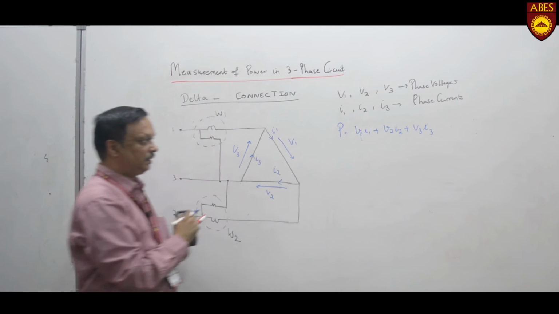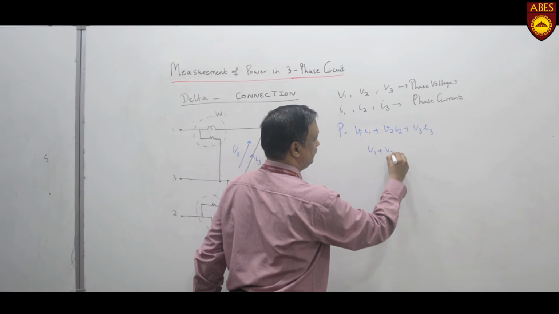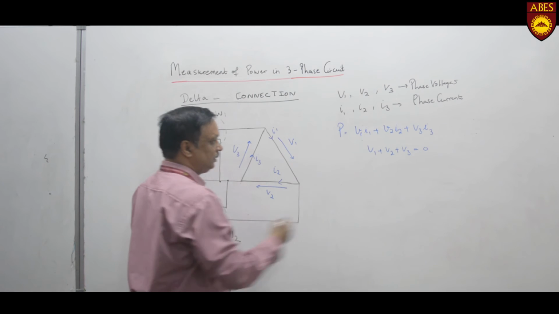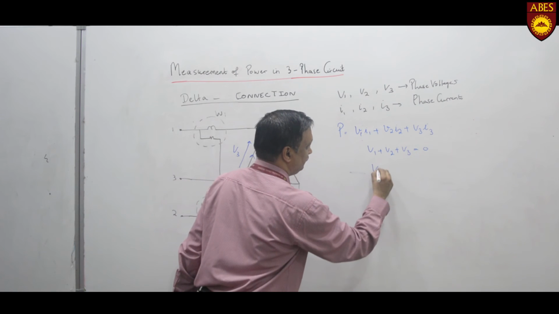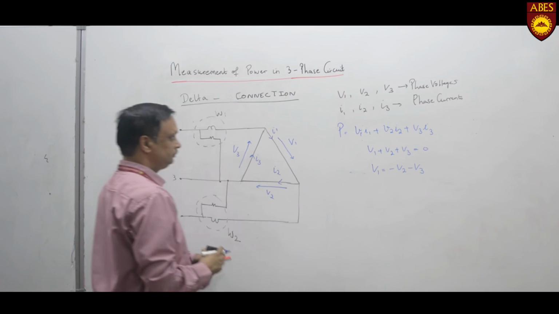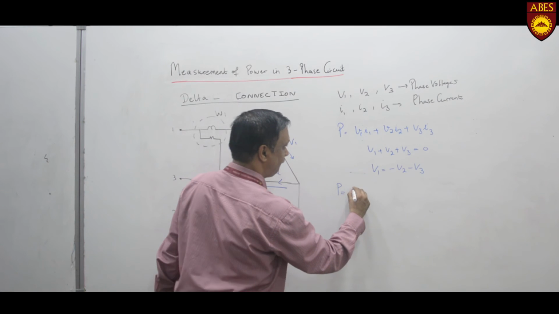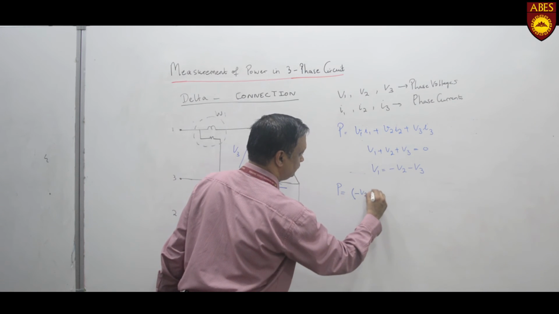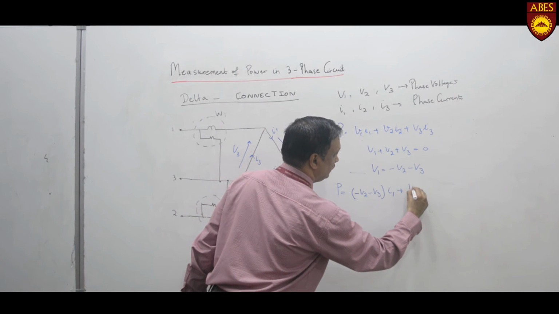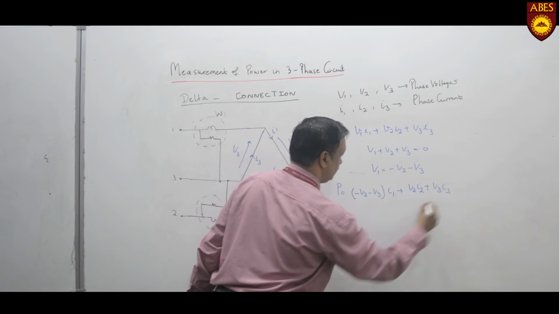Since it's a delta connection, we will apply KVL. So V1 plus V2 plus V3 is equal to 0. So minus V1 is equal to minus V2 minus V3. So the power is equal to minus V2 minus V3 into I1 plus V2 I2 plus V3 I3.